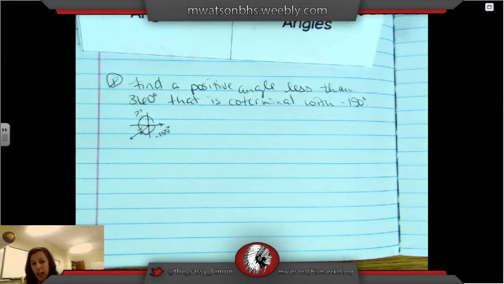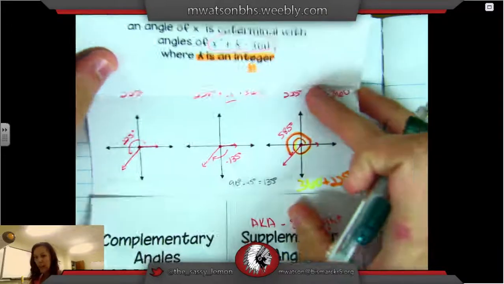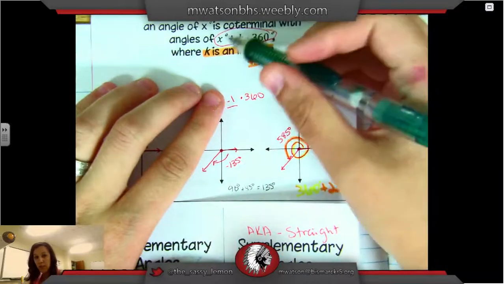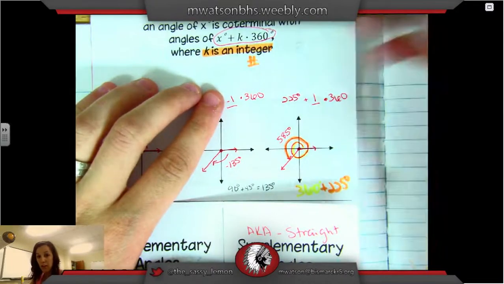Or if you don't think much in visuals, then maybe you think more analytically. Maybe you would rather set up an equation. And that's what we're really leaning towards in trig. So we can use this formal definition to help us out.